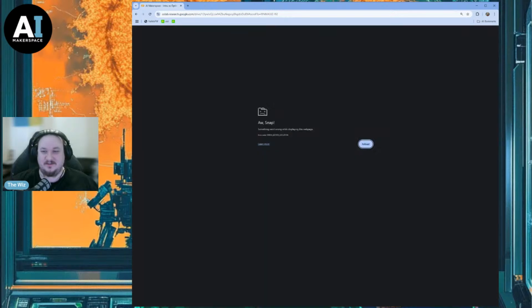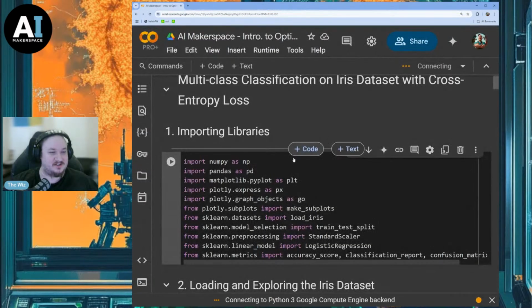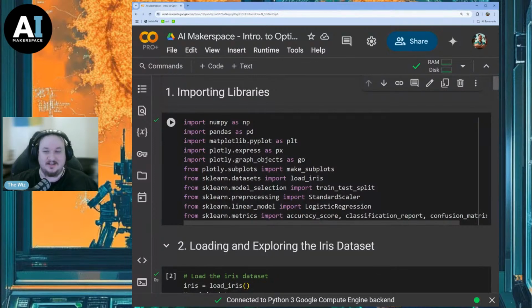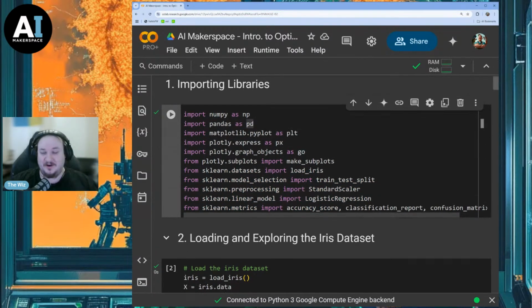First of all, we're going to import some libraries, and my Chrome is going to crash, so I'm going to refresh it. And then look at this, an old favorite coming back to visit us in the age of LLMs. We've got some sklearn going on. We've got some NumPy. What a beautiful day.